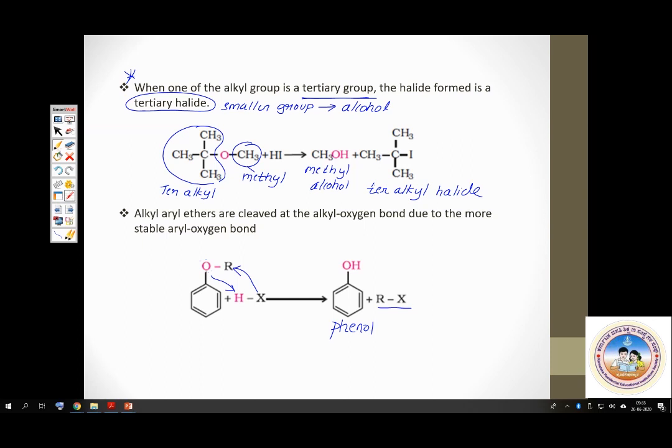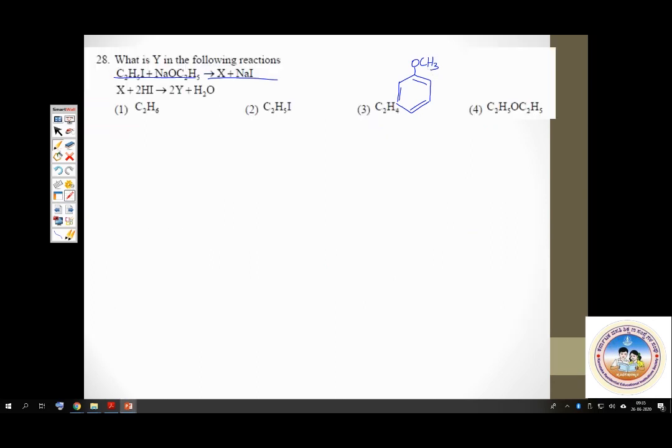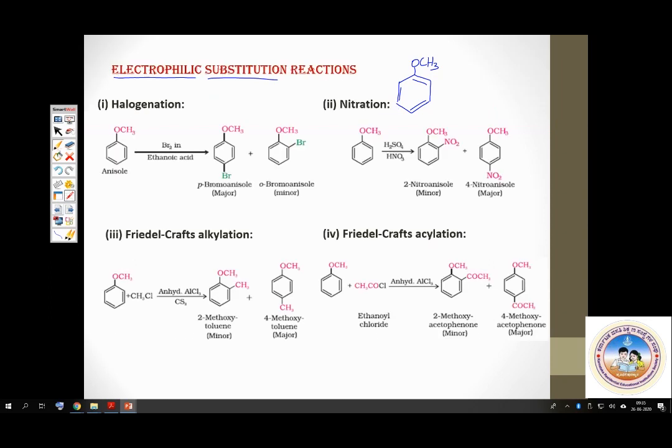Okay. This is the last category of reactions of ethers: electrophilic substitution reactions of aromatic ethers, that is, ethers with a benzene ring. Remember, in an ether, the alkoxy group attached to the benzene ring exerts a plus R effect, a positive resonance effect.